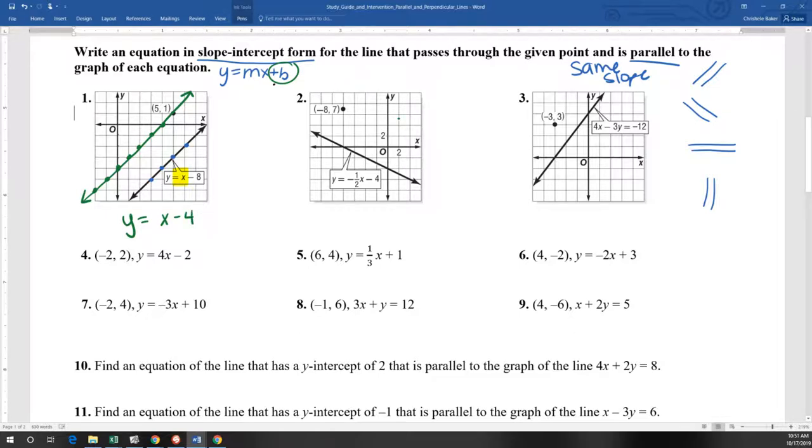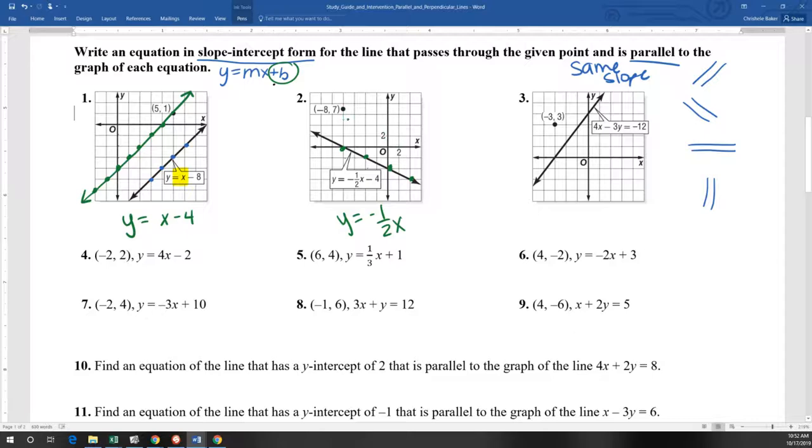Okay, for number 2, I see my slope is -1/2, so I'm going to use that same slope. And I can also count that. I can go to any point, and that's down 1 to the right 2, down 1 to the right 2, down 1 to the right 2. So I'm going to do the same thing. Oh, these go by 2s. Tricky, tricky.